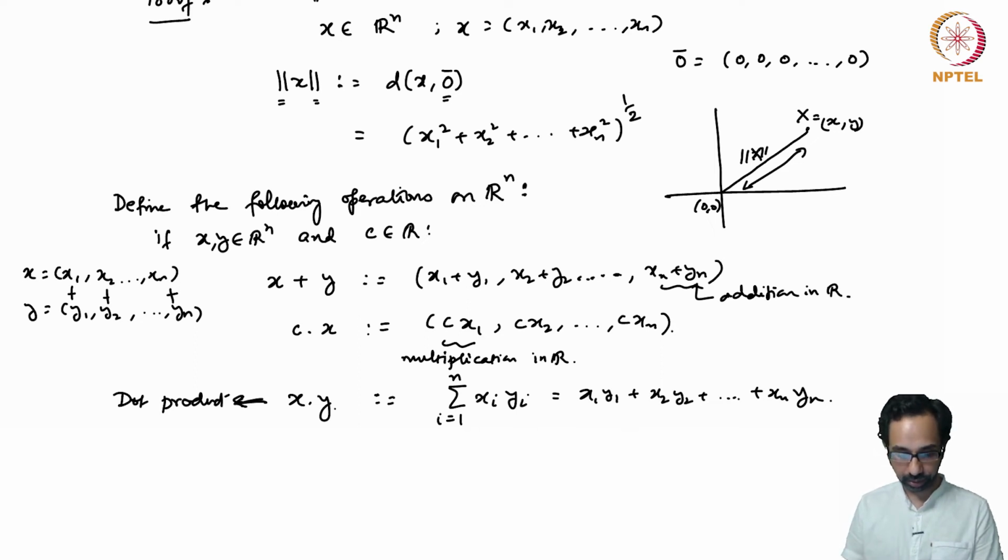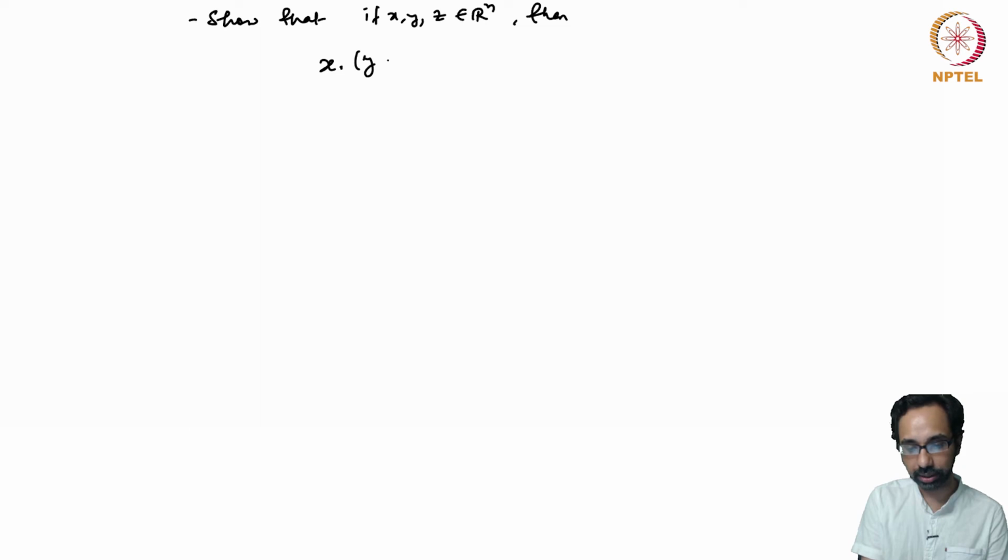So we have these three operations that we will use, and a first exercise is to show that if x, y and z belong to R^n, then we have the following distributive property of the dot product, which is x dot (y plus z) is equal to x dot y plus x dot z.